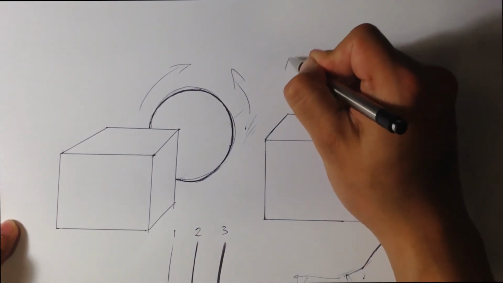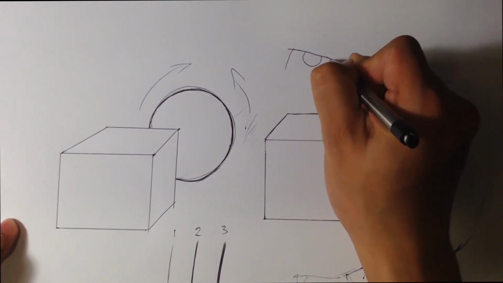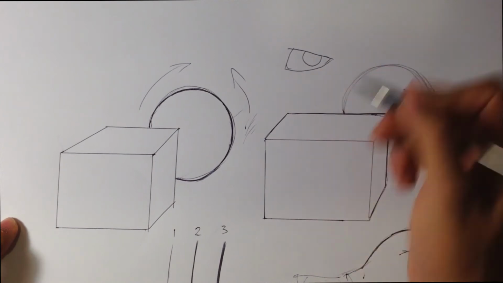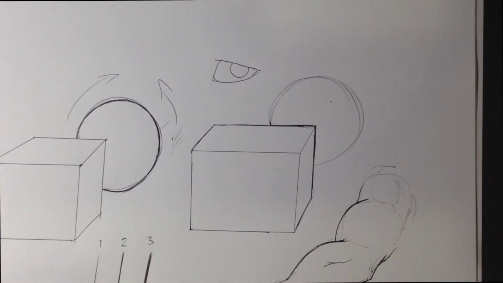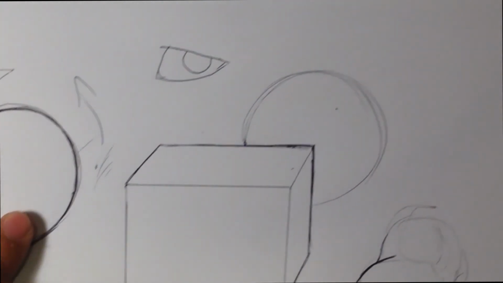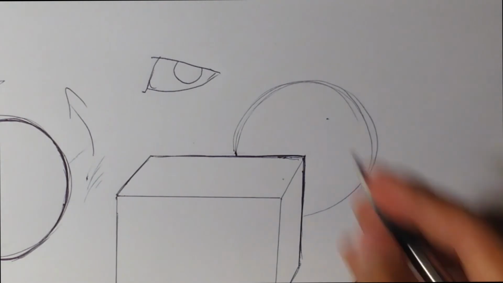Like let's say you have the eyeball here. Let me zoom in. You have an eye right there. It's okay. It's nice. It's maybe all like a number 1 or something, right?